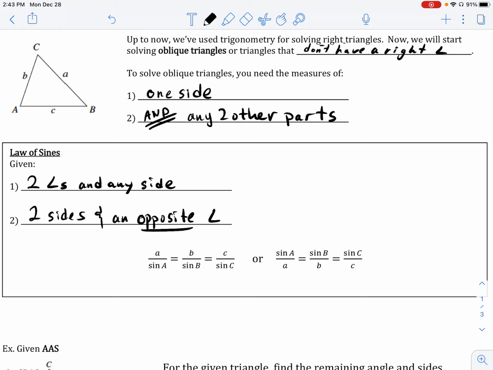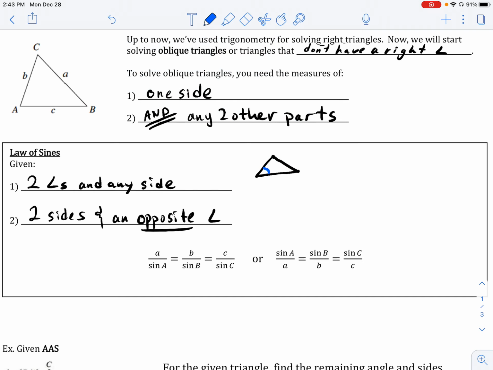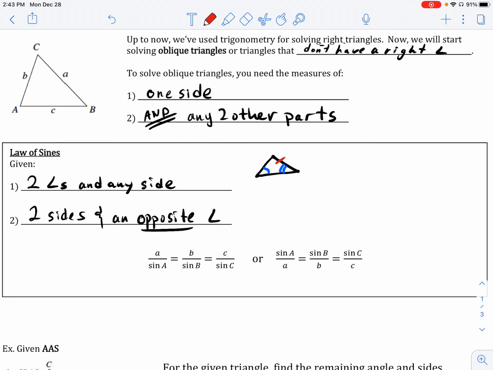If we were given an oblique triangle and any two angles, and any side, it could be this side, this side, or this side, any one of the three sides and two angles.